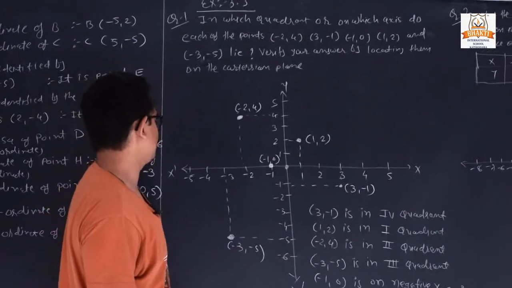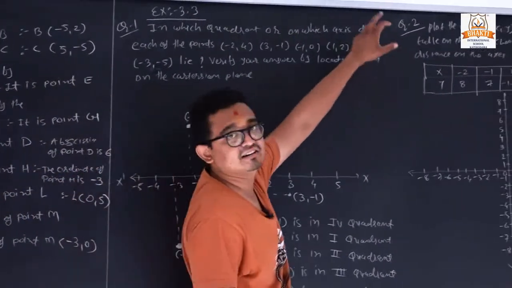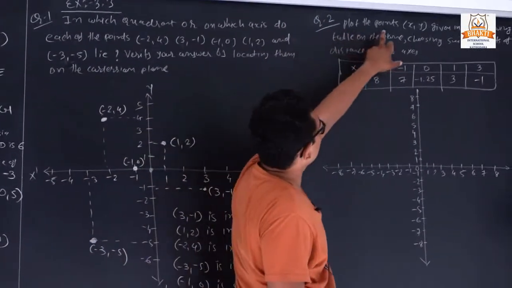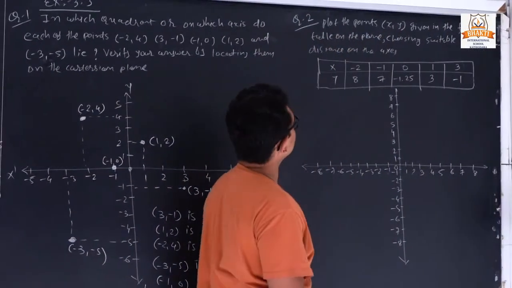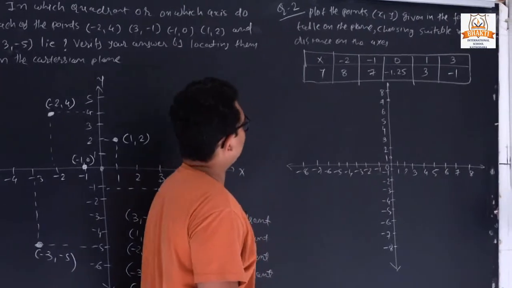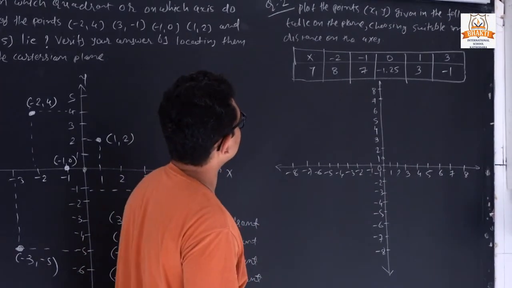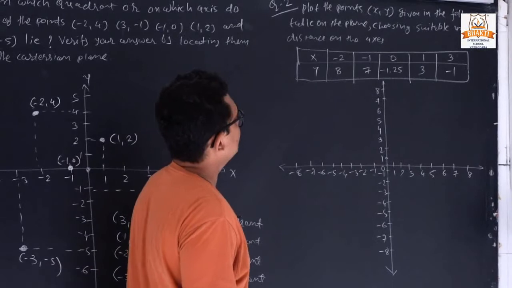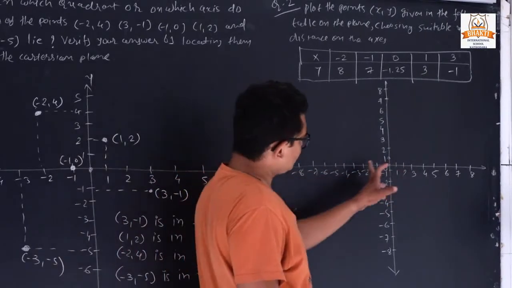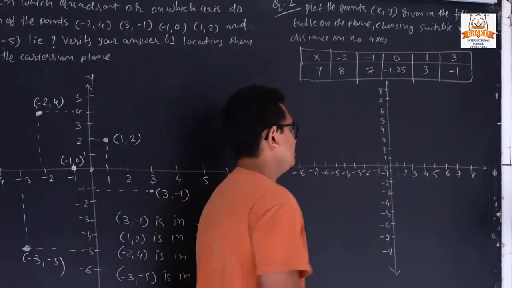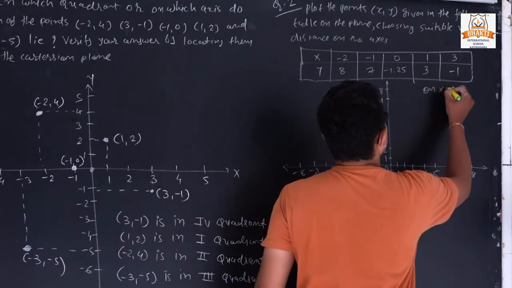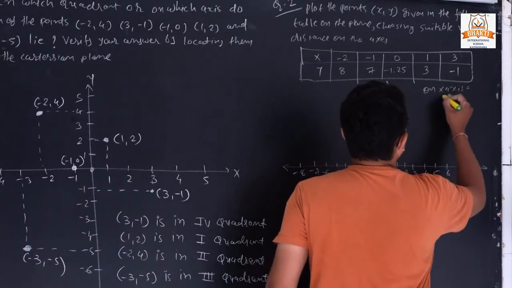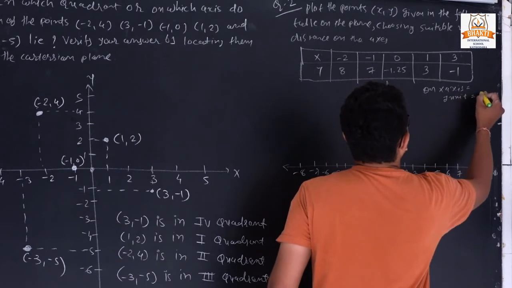Now the next question, question number 2. Plot the points (x, y) given in the following table on the plane, choosing a suitable unit of distance on the axes. So here on both axes we are taking 1 square. On the x axis, 1 unit is equal to 1 centimeter.